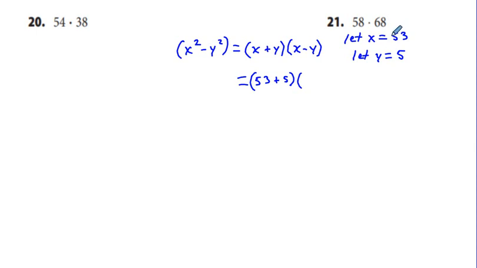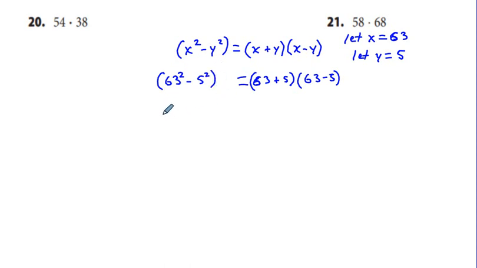I said 53. It's going to be 63. There we go. Times quantity 63 minus 5. And what that is going to be equal to, this right here on the left, is 63 squared minus 5 squared.